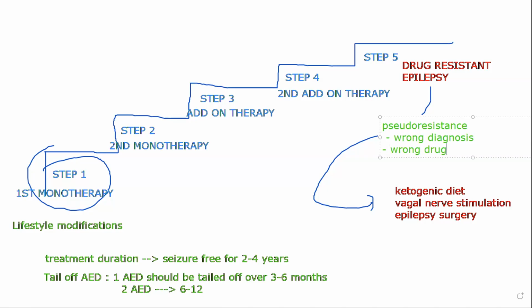You need to use the correct antiepileptic drug for the correct type of seizure. Wrong drug or inadequate dose, or wrong combination of drugs. And actually right up there with wrong diagnosis, you might have to think about compliance.